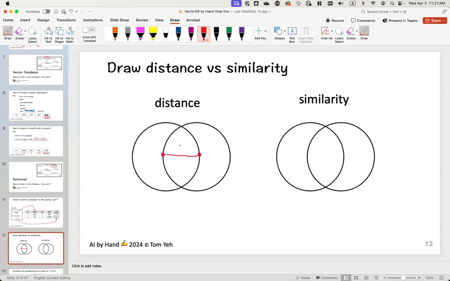For similarity, on the other hand, I focus on the overlap between the two circles. So I would draw it this way. This is how I will always remember how similarity and distance contrast: one is the distance, the other is how much they overlap.